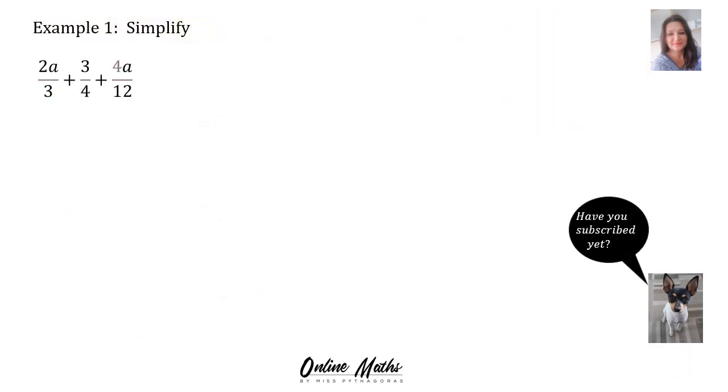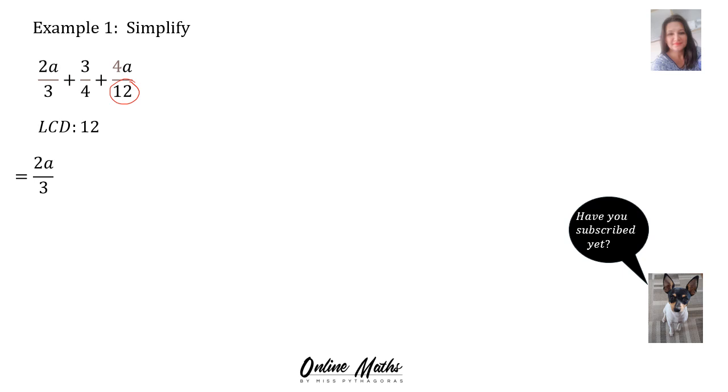Example 1, simplify. Now, when we add fractions, then we will find the LCD, the lowest common denominator. So in this one, it's the 12 under the line. That one is going to be the LCD. And then what you do is you will deal with each term individually and make sure that you change that denominator into 12.